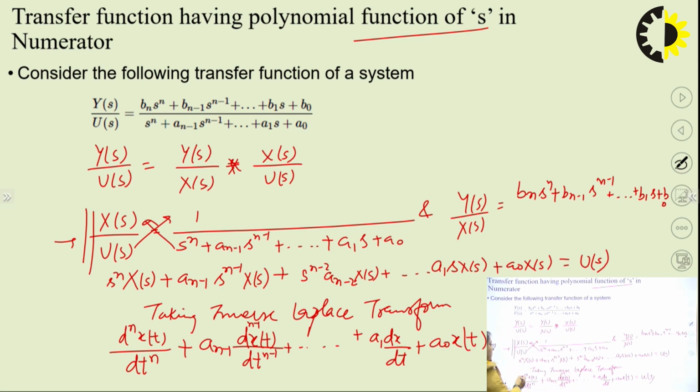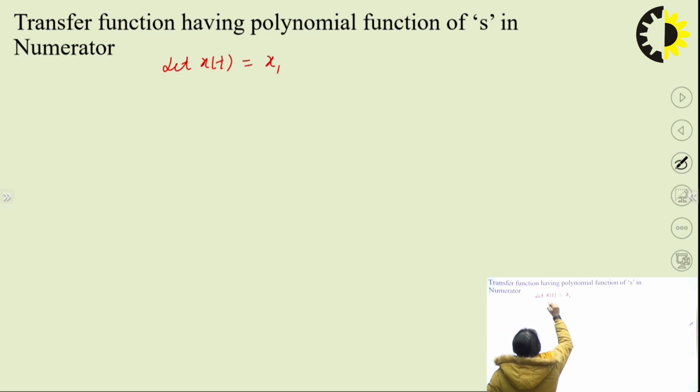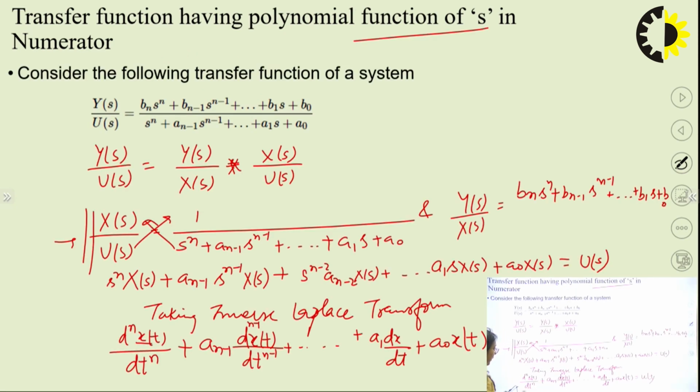Now again I can assume the value of x(t), let x(t) be equal to x1(t), then x1 dot will be equal to x2, x2 dot will be equal to x3 up to so on, and x_(n-k1) dot will be equal to xn. Now what will be the value of xn dot? So in this equation I am putting the value of xn dot will be equal to u(t) minus all these terms.